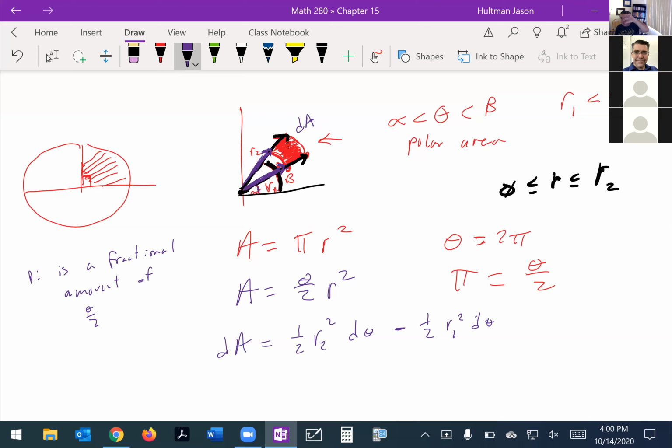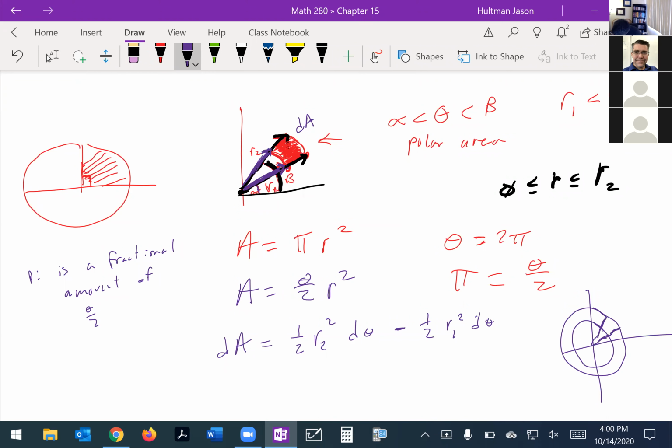So as theta changes, it sweeps out this area. And how do I calculate that total area? Well, it's the sweeping out. Think of these as concentric circles. How is this being swept out?